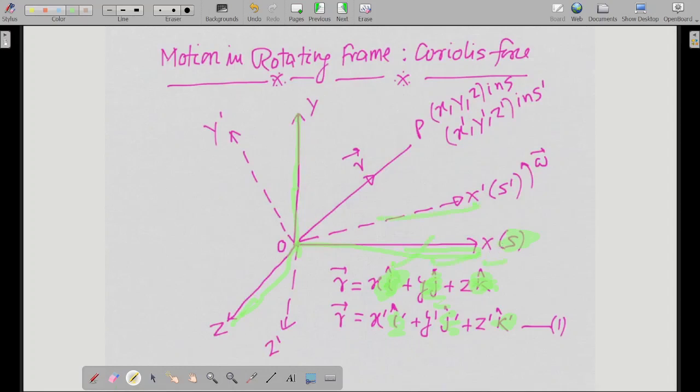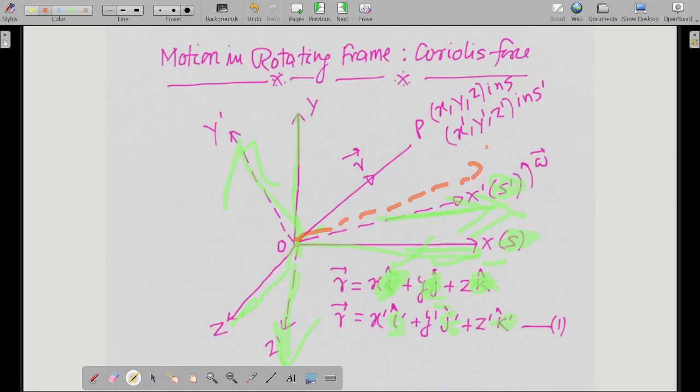But these three vectors, along here i prime cap, along here j prime cap, along here k prime cap, will not be constant. Why? Because although the magnitude will be equal to 1 and constant, the direction will keep on changing because the frame S prime will rotate. After rotation for some time, this S prime frame will reach over here.